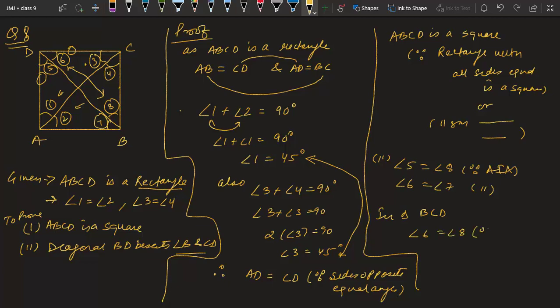We have got the connecting link because angles opposite to equal sides are equal. So we are done. Now we can say angle 5 is equal to angle 6 is equal to angle 7 is equal to angle 8. And with this we have proved the second part also.